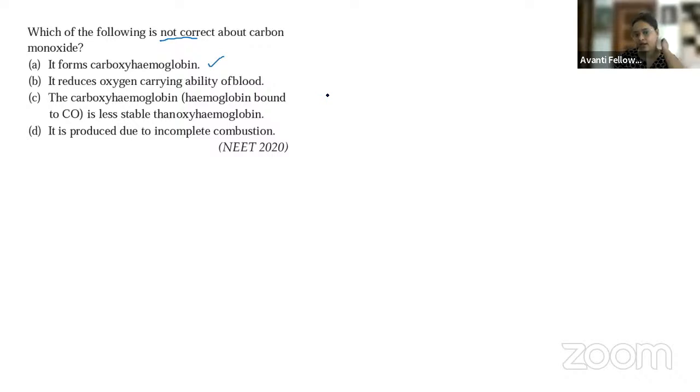Obviously, if CO in the blood increases, then the hemoglobin in the blood, what does hemoglobin do? It carries oxygen. If in our blood, instead of oxygen, carbon monoxide is present, it will form carboxyhemoglobin, and that's why it will reduce the oxygen carrying ability of blood. So this is again a correct statement.